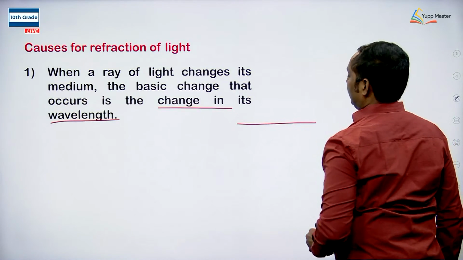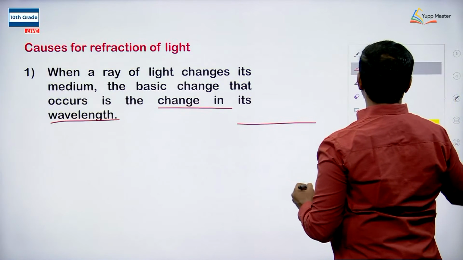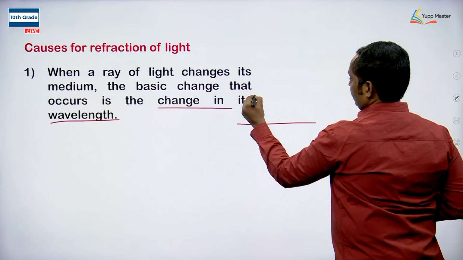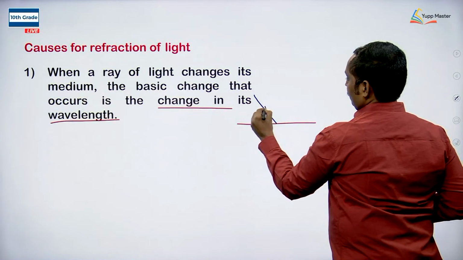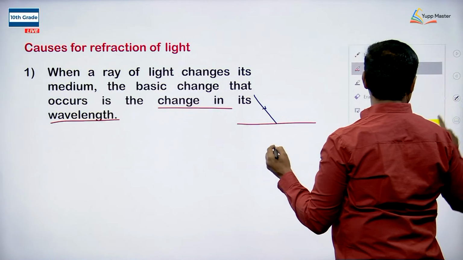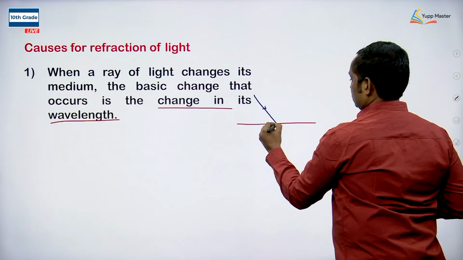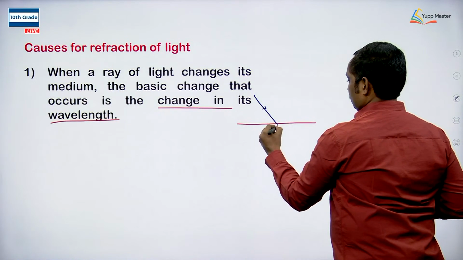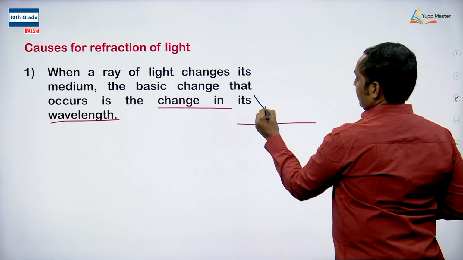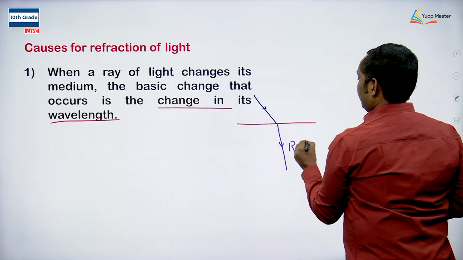Now, if you take a light ray entering from one medium to another medium, this is going to be identified. This is the light ray, this is the refracted ray.